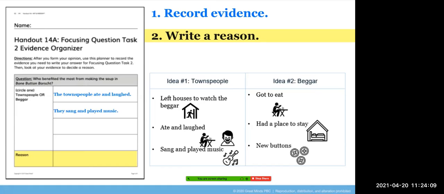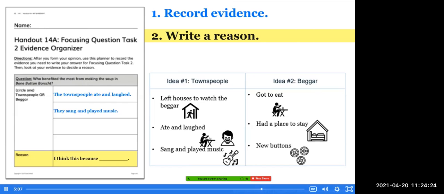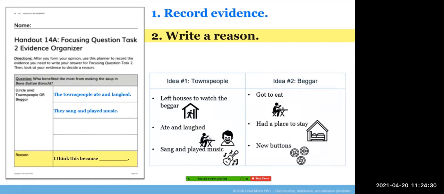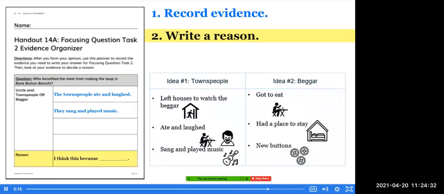Since I need to explain why I think the townspeople benefited the most, my reason sentence can begin with, I think this because. Please pause here to finish my reason sentence out loud. And remember, you can share it with a learning partner if one is available. Just hit play when you're ready to continue.